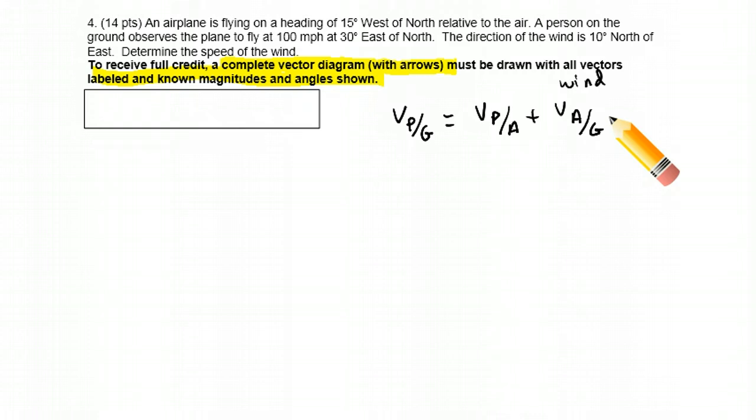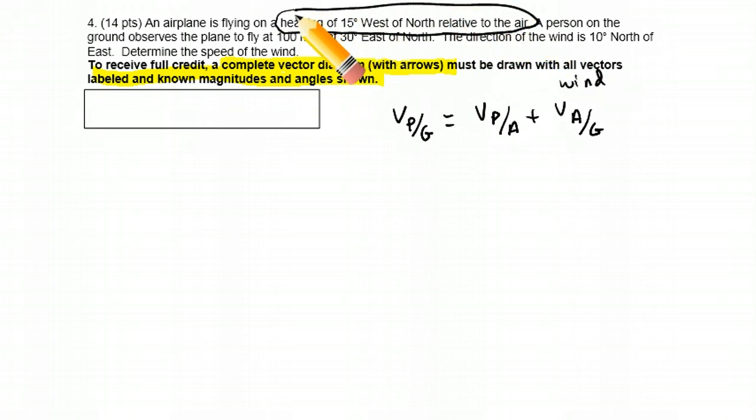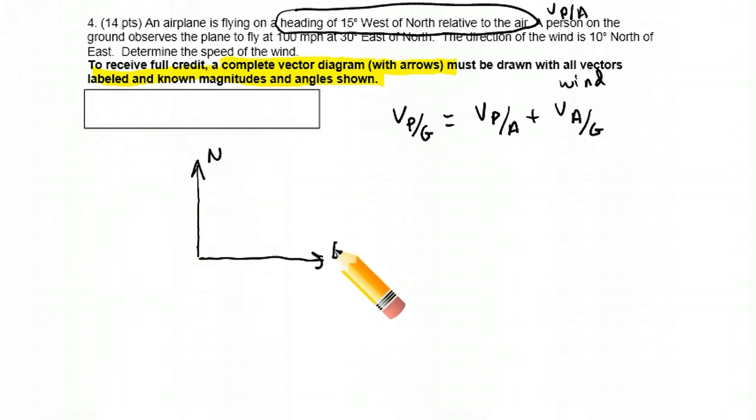So what do we know? This information right here is telling us the direction of the velocity of the plane with respect to the air. Okay, 15 degrees west of north. So I'm going to label north and east right here.